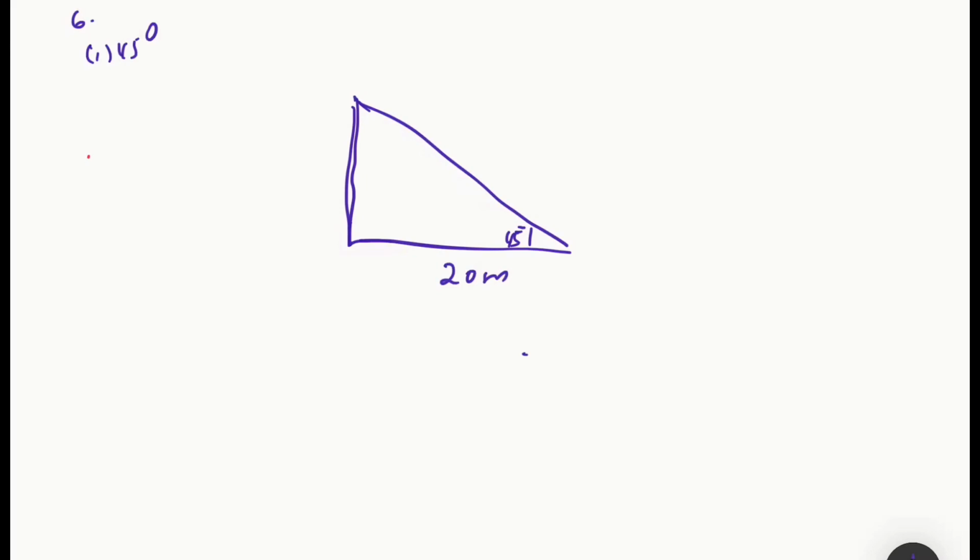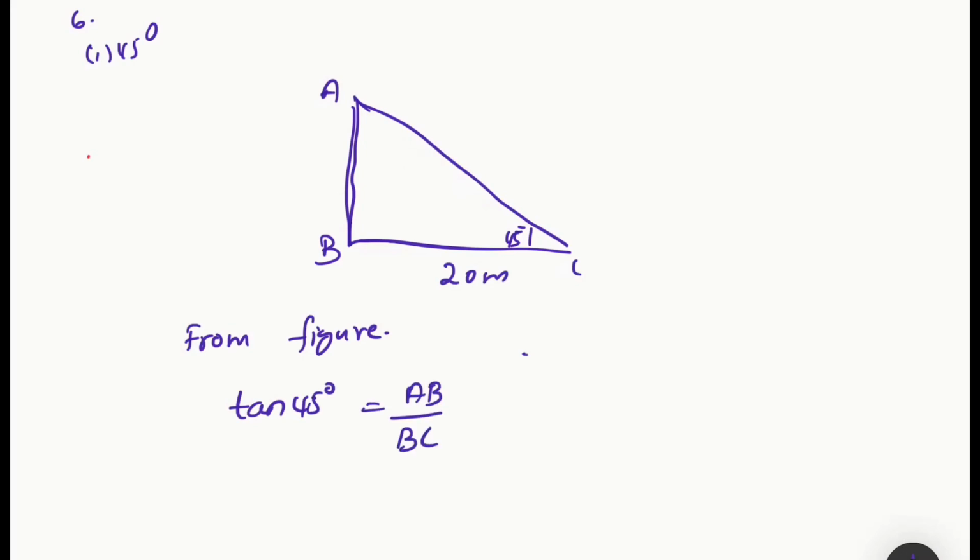So let me consider the height of the tower as AB. From the figure, you will get tan 45 equal to AB by BC. 1 is equal to AB by 20, that is AB is equal to 20.